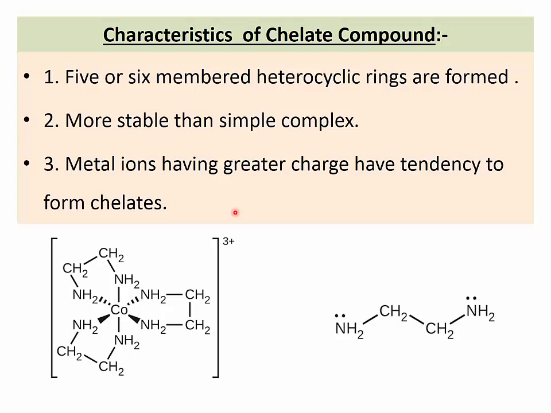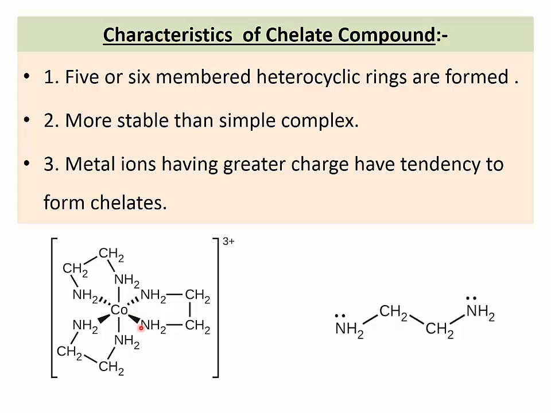So see here, this is the structure of a chelate compound. Here ethylene diamine is attached, NH2, CH2, NH2. This is the structure of ethylene diamine. Two donor nitrogen atoms are present in this ethylene diamine and it attaches to the cobalt through these nitrogen atoms.